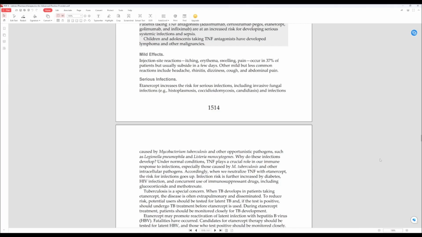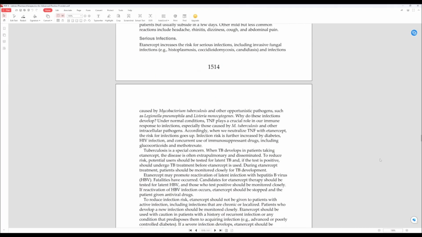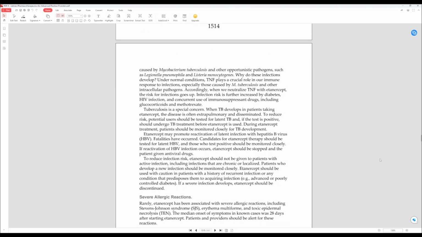More serious infections, however, have increased risk with etanercept, including invasive fungal infections and infections caused by Mycobacterium tuberculosis and other opportunistic pathogens, including Legionella pneumophila and Listeria monocytogenes. So why do these infections develop under normal conditions?